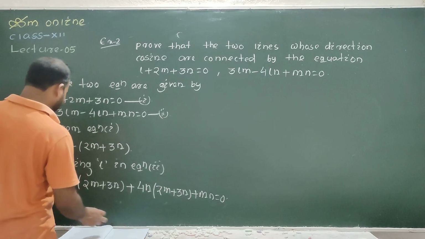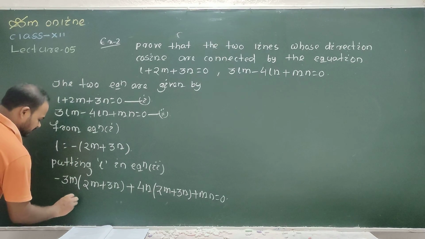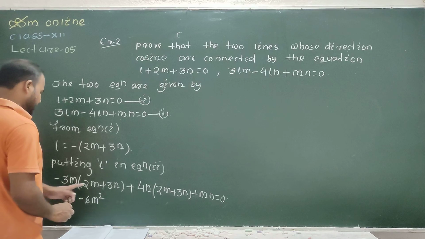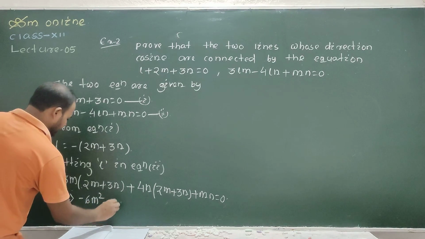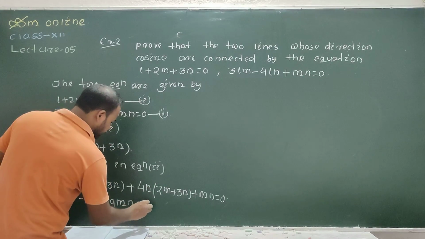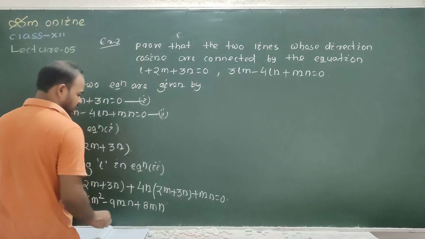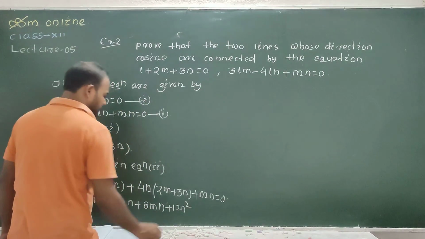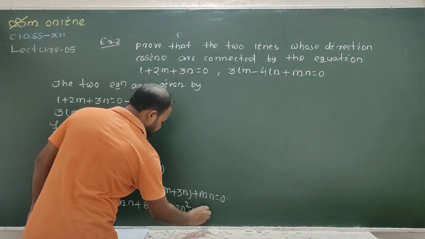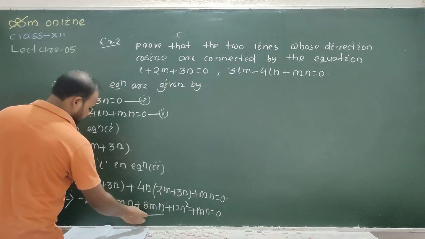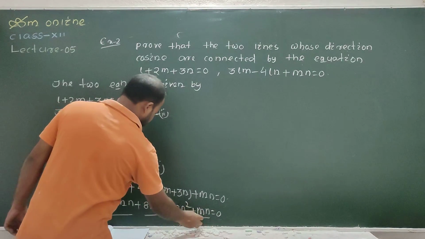Plus mn equal to 0. Now solving this we get here minus 6m square and minus 9mn plus 8mn and 12m square plus mn equal to 0. Okay, and this is minus 9mn plus 8mn, this is minus mn and this is plus mn, 0.